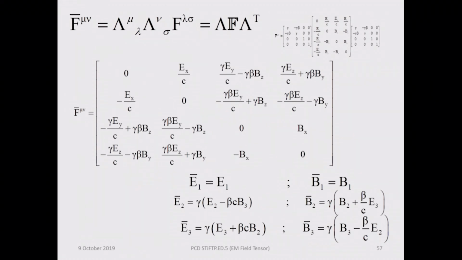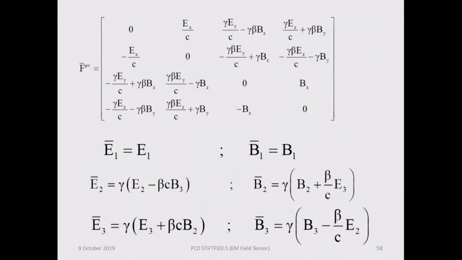So, we have applied the boost to the Maxwell field tensor and see how it looks in the second frame of reference, which is moving at a constant velocity with respect to the previous one, and we get these transformation relations, and these are the same equations as I had on the previous screen, except that I have organized this screen so that the equations look somewhat larger and they are easier on your eyes, okay.